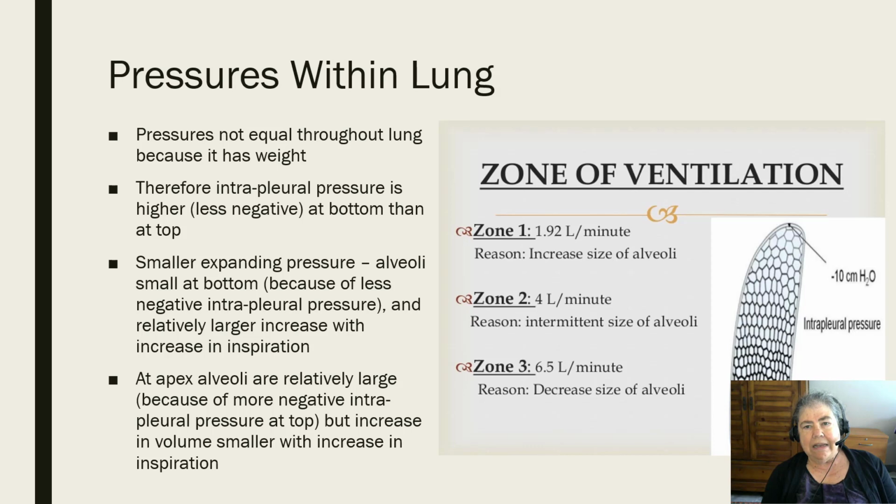And we divide those areas of a lung into three zones called the zones of ventilation: Zone 1, Zone 2, and Zone 3. Zone 1 being at the top and Zone 3 being at the bottom.